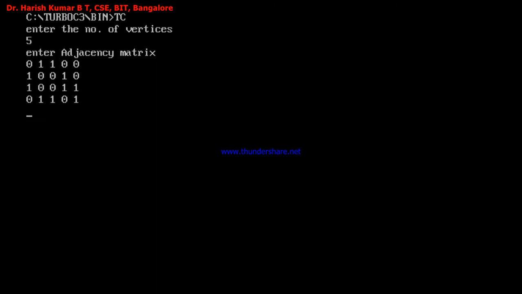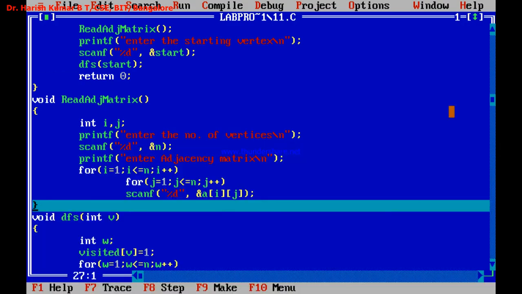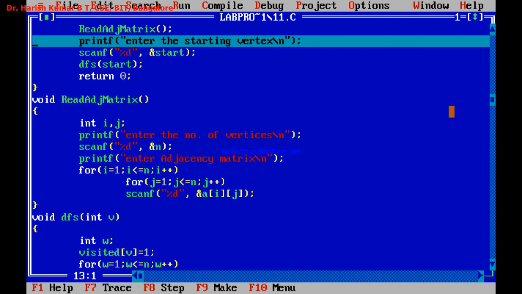Now the last one: 0 0 1 1 1 0 0. So this is the matrix that we have read. Now enter the starting vertex.